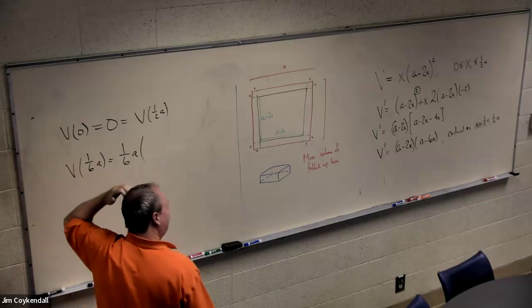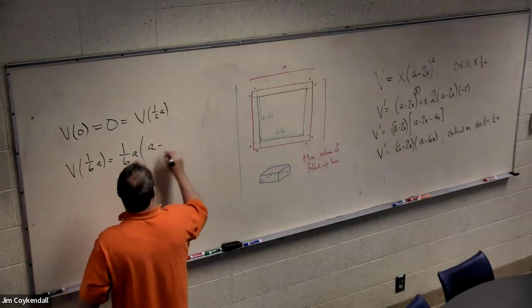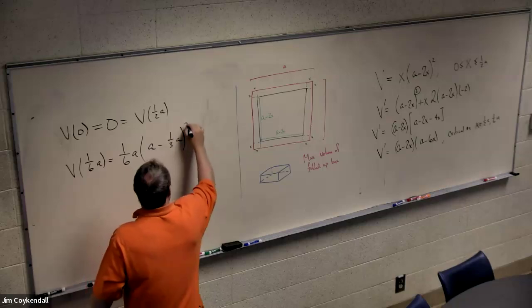Okay, so it's 1/6 A, and A minus 2 times this is 1/3 A squared.